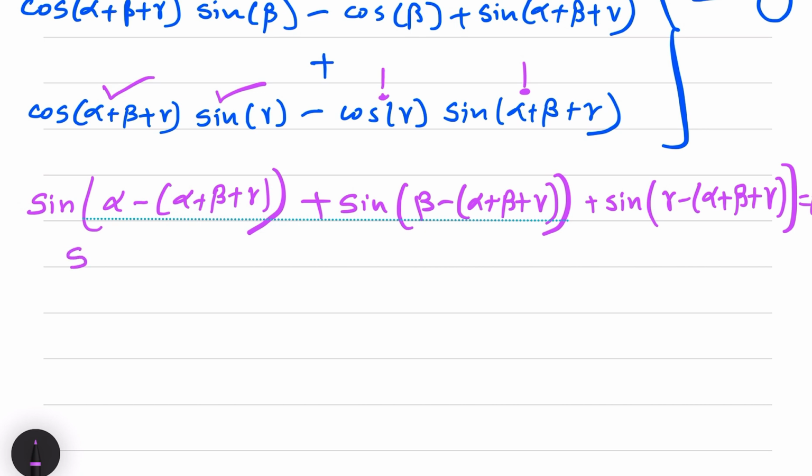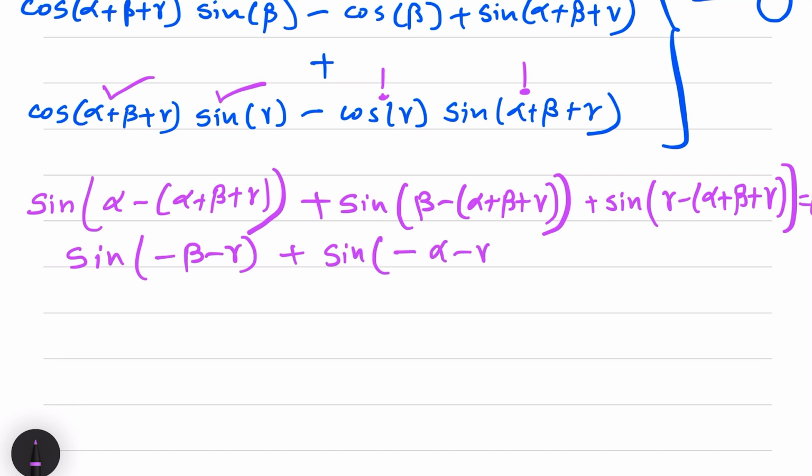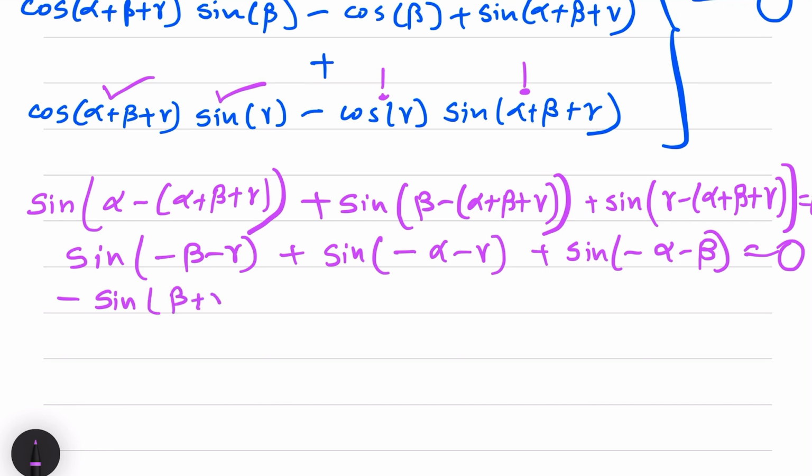So from here what do I get? Sine of minus beta minus gamma plus sine of minus alpha minus gamma. Beta will cancel out. Here sine of minus alpha minus beta, here gamma will cancel out, equal to 0. Rest is easy now, I guess we have even figured it out. Minus can come out of the sine.